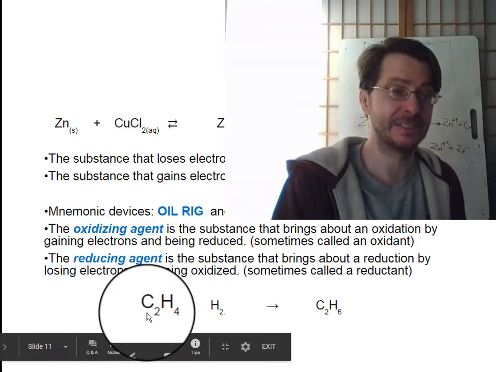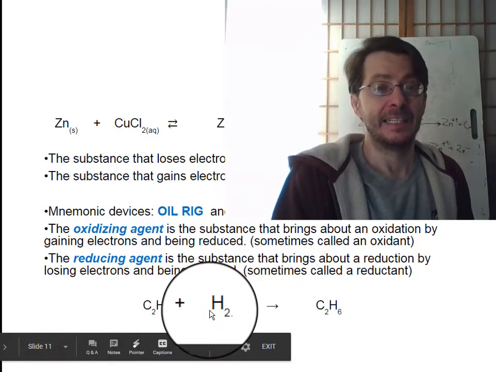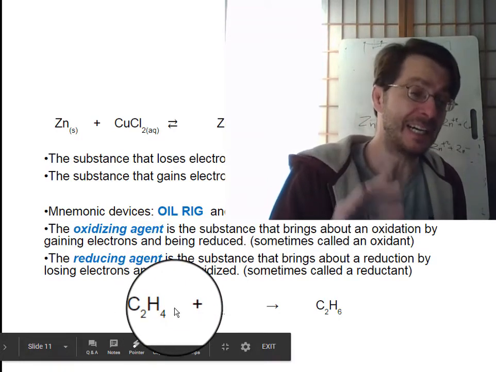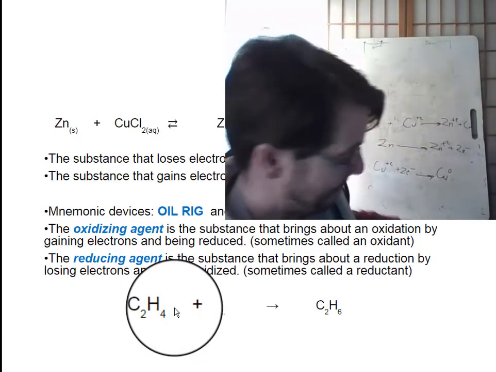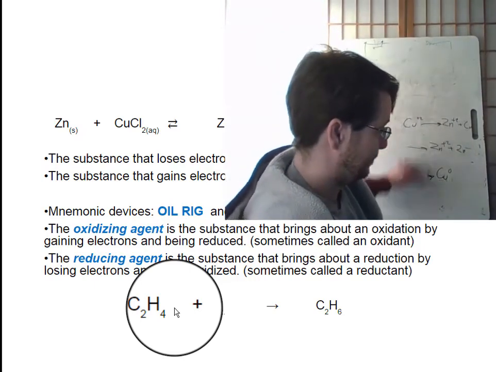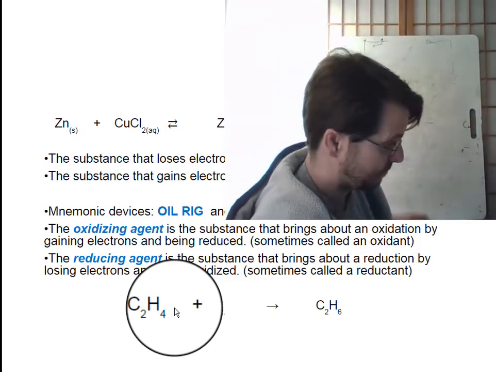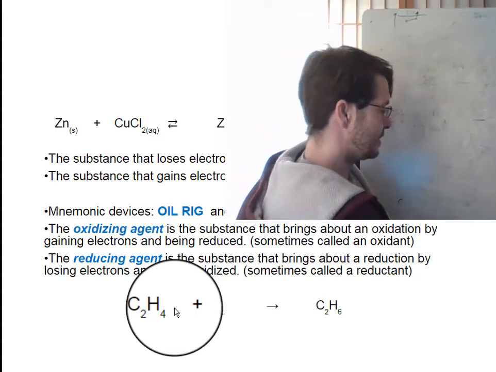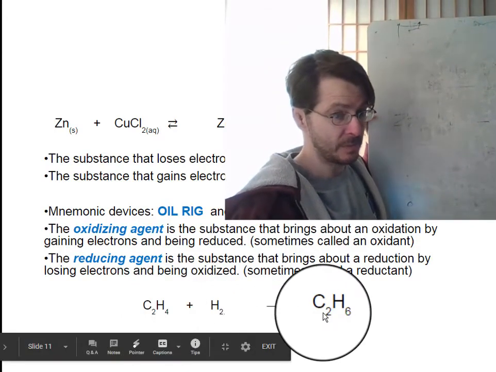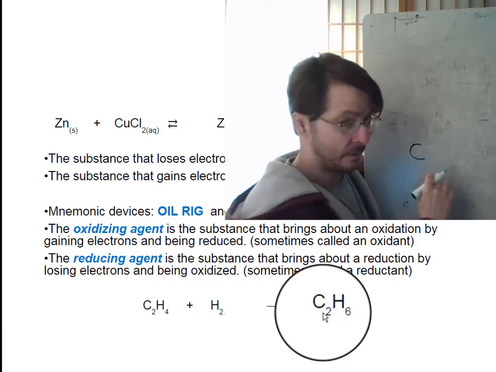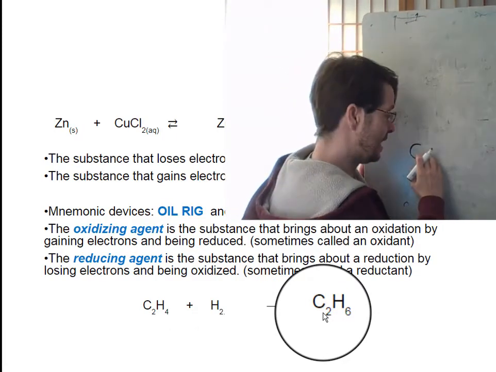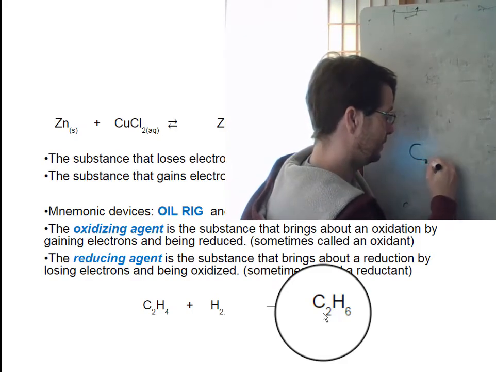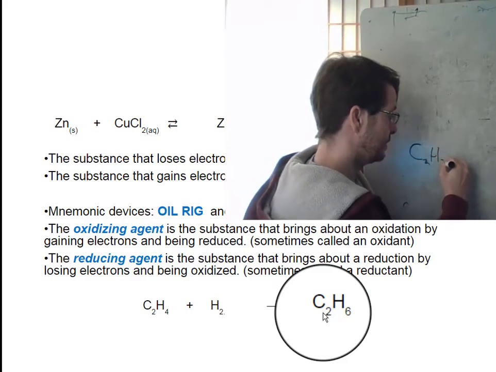So that's -2. Each of these hydrogens has a +1 oxidation number. And on the other side of the molecule, each of these carbons is now a -3 oxidation number.